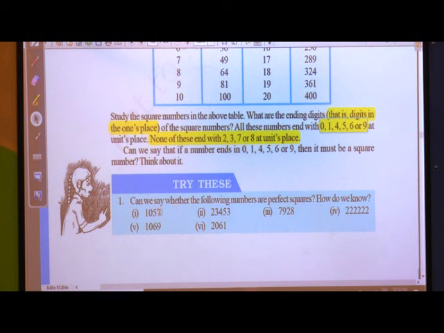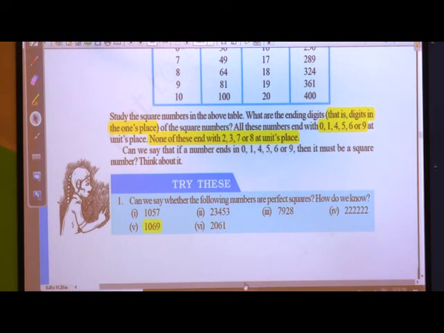Here it is 7 in ones place, not a perfect square, 3 in ones place, not a perfect square, 8 in ones place, not a perfect square, 2 in ones place, not a perfect square, 9 in ones place, this is a perfect square, and 1 in ones place or units place, this is a perfect square.